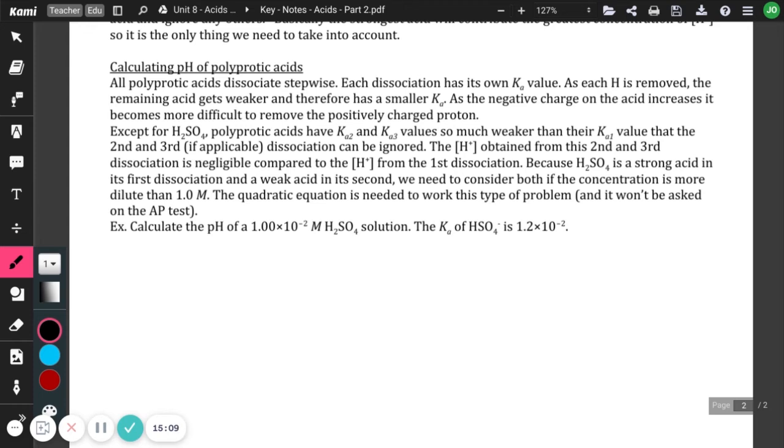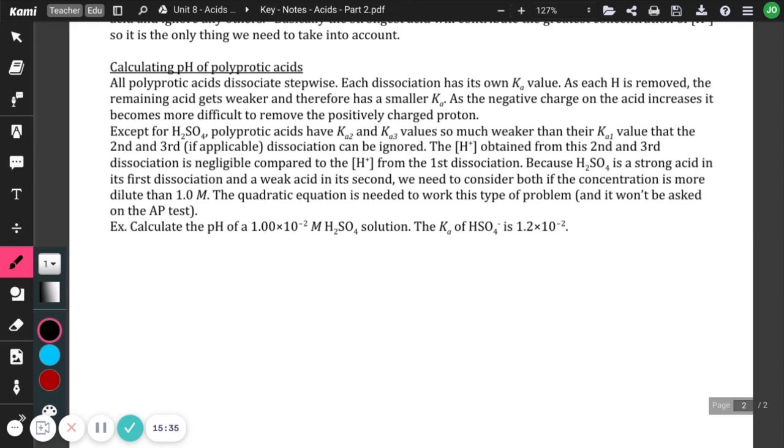So that being said, with us removing it one at a time, we're going to have to calculate those concentrations as we remove those individual hydrogens. Now, H2SO4 is the only polyprotic acid that you actually need to worry about the consecutive hydrogens being removed. Why? Because as we remove a hydrogen, we're going to have such a diminishing value.